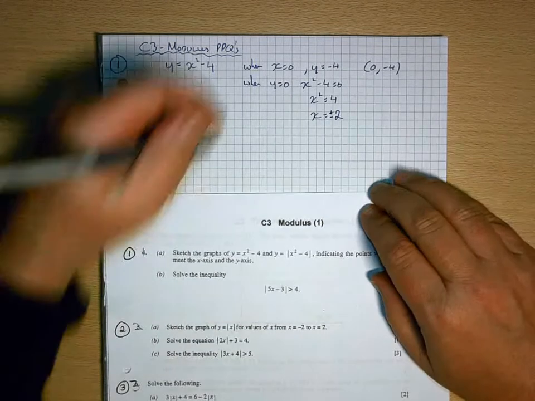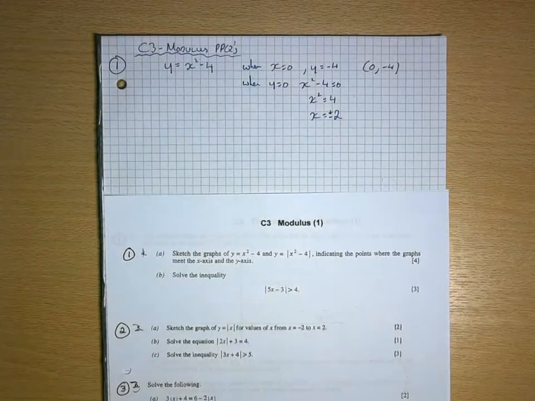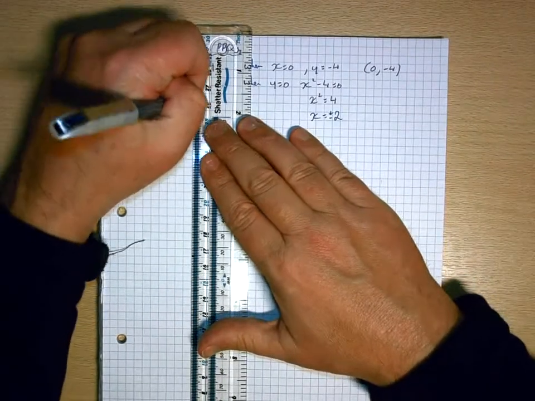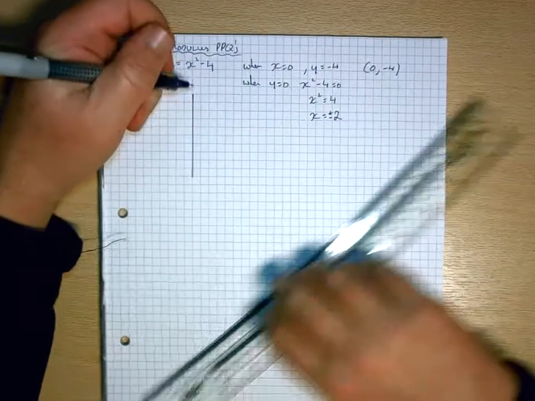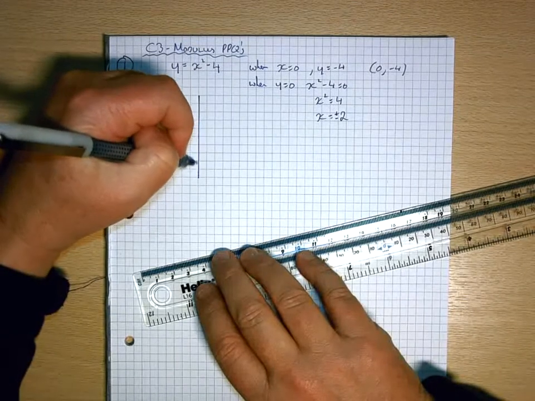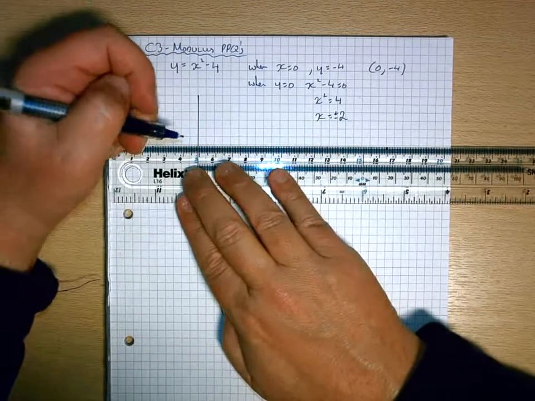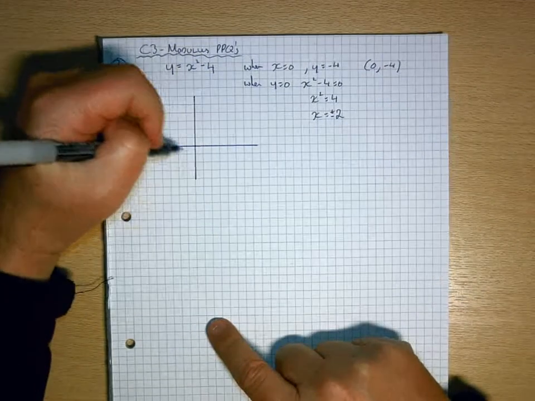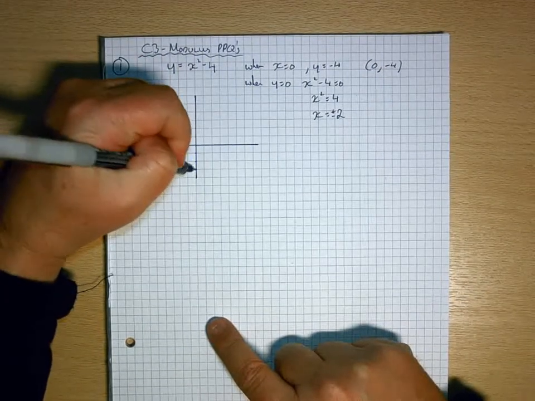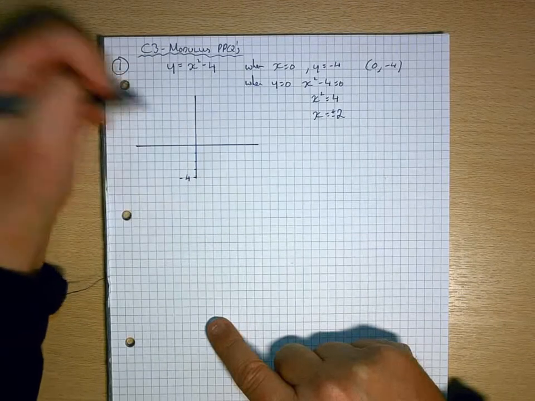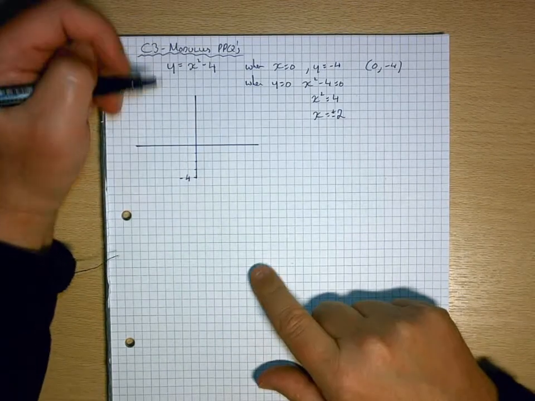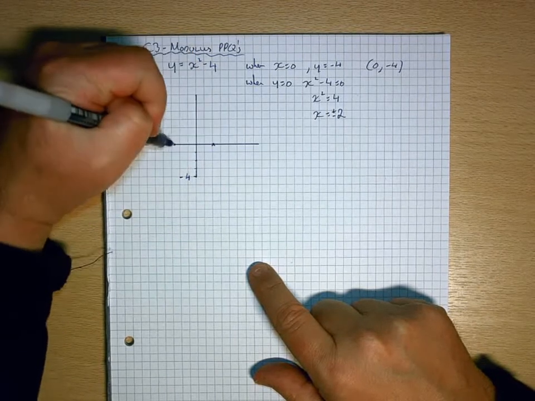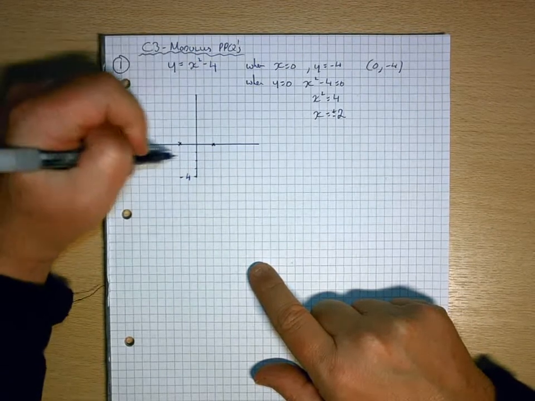So on our graph, we've got 1, 2, 3, 4. So minus 4 is there. We've got plus or minus 2 there and there.